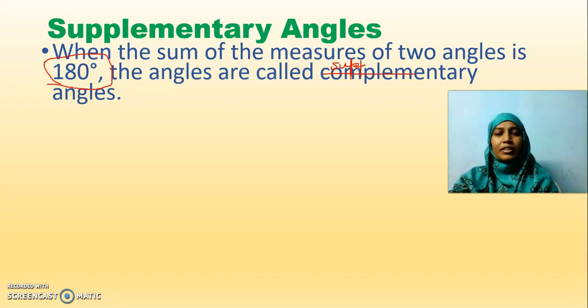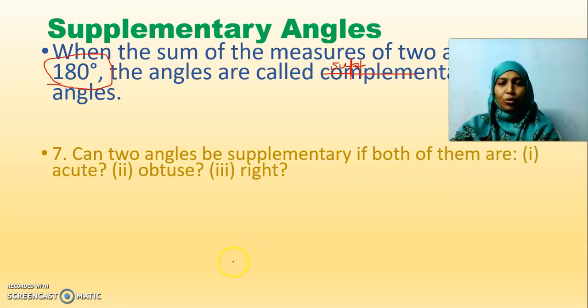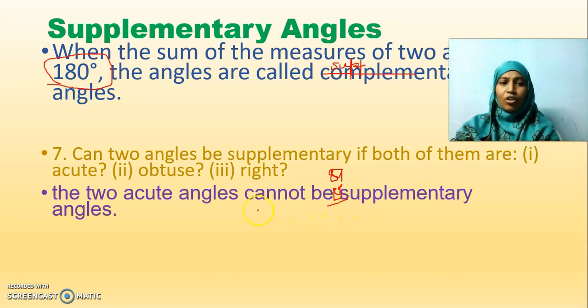Can two angles be supplementary if both of them are acute? Acute in the sense less than 90. I can have even 89, which is 1 less than 90. It's an acute angle. If I add these two, 89 and 89, is it possible to have 180 degrees? Surely not. So two acute angles cannot be supplementary angles.